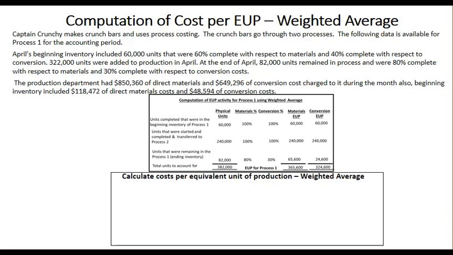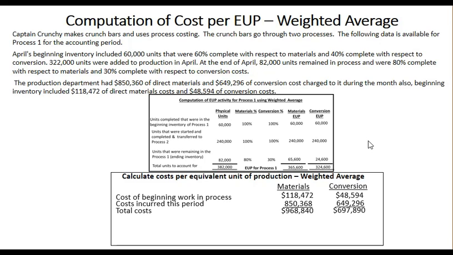Now, again, following the same process for FIFO, now we're going to calculate the cost per equivalent unit of production. Now, the methodology for this is the same, but we are including some additional cost when we do our cost calculation. And again, up above you see the EUP computation that we just completed from the previous slide. So in terms of calculating the cost per equivalent unit of production, we have to do that for materials and conversion cost.